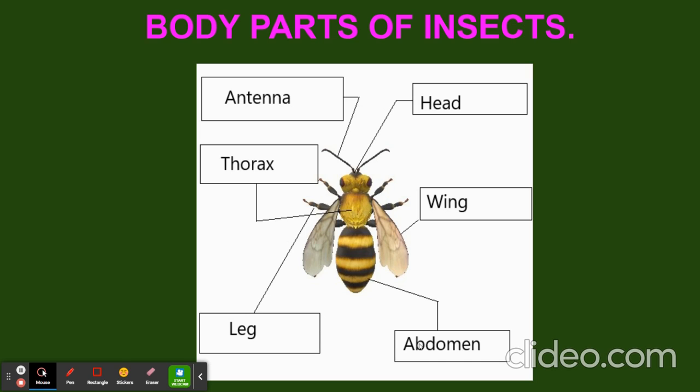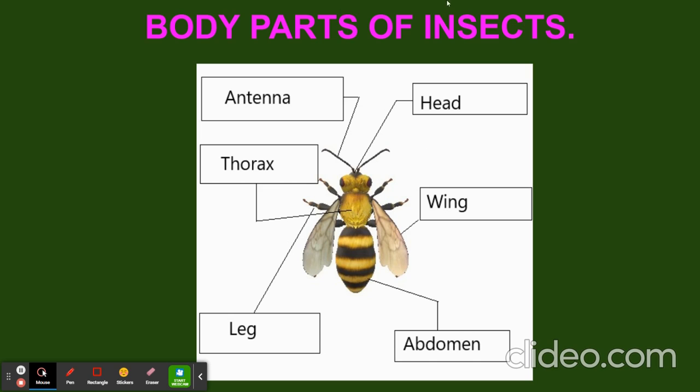Eyes of insects help them to see. Like our eyes help us to see, in the same way, eyes of an insect help them to see. Legs help insects to jump, hop, and walk. Some water insects use their legs to swim.